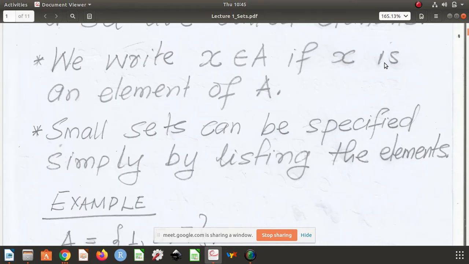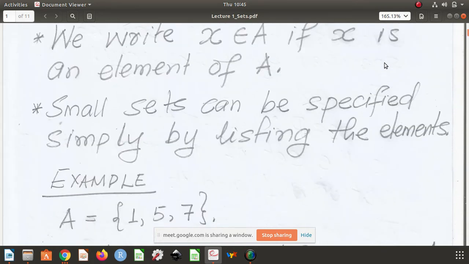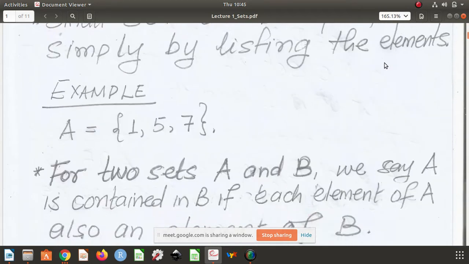So if you have a small set, you can represent them by just listing the elements as follows. So for instance, this is a set with only 3 elements. So you can just write them out like that. So how we represent sets is you use these curly brackets. You see? And then inside the set, you write out the elements.